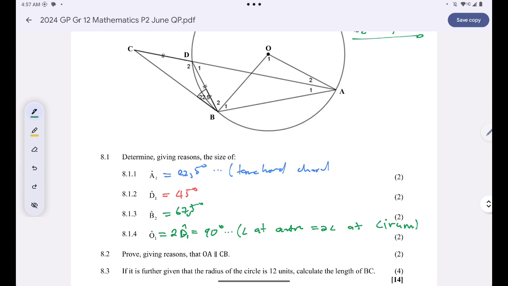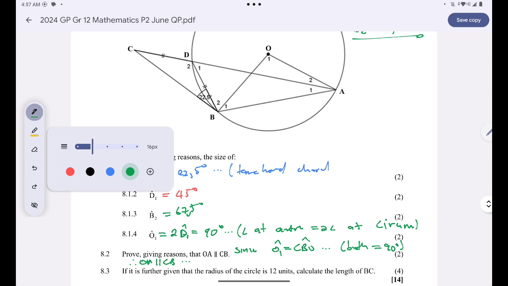So we can just say since angle O1 is equal to angle CBO, both angles are equal to 90 degrees, I can therefore conclude that OA is parallel to CB.